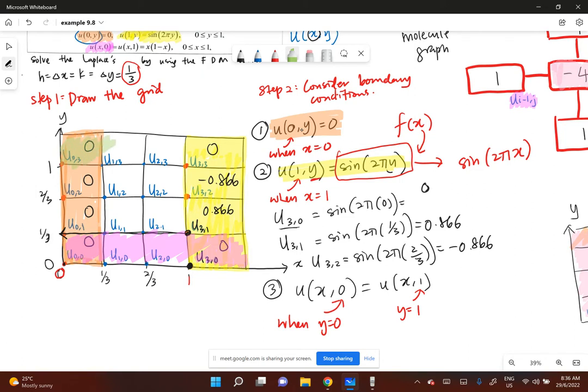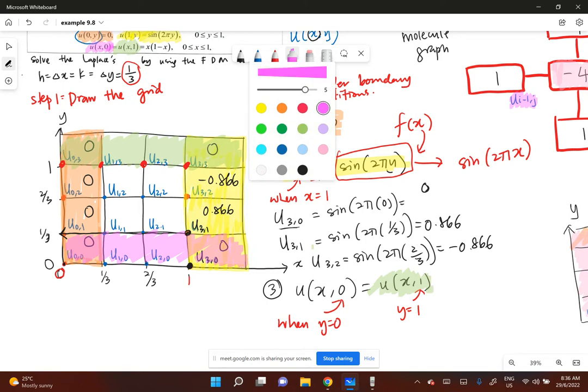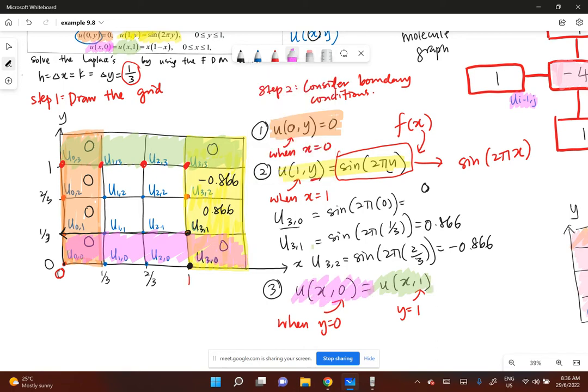This value, this value, this value, this value. So this is here. It equals x(1 minus x).